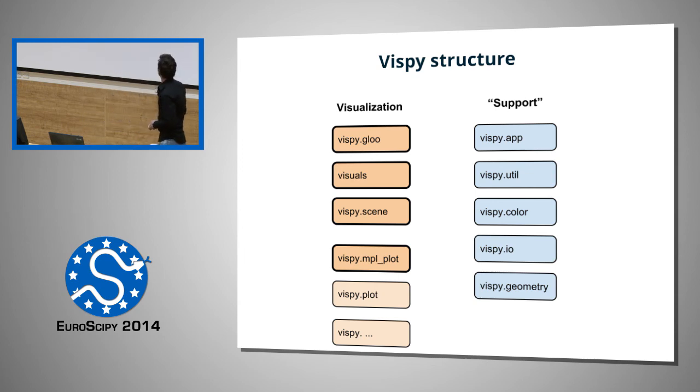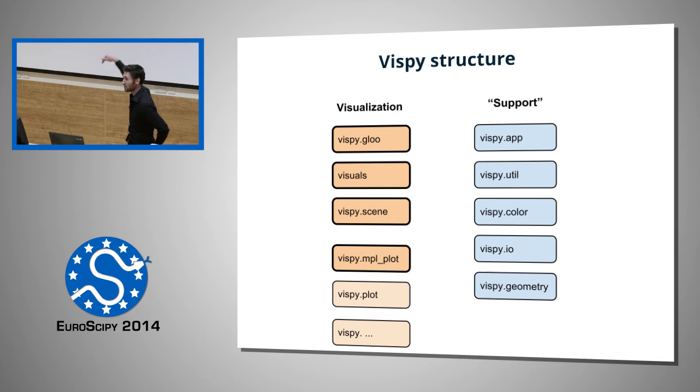So the structure of vispy: these are all the modules, or most of the modules, in vispy. On the left-hand side are all the modules that are directly related to visualization, and you could consider them stacked on top of each other. The top one, Gloo, is really the basic one, which sits directly on top of OpenGL. On top of that, we have different layers which use the lower levels for their task.